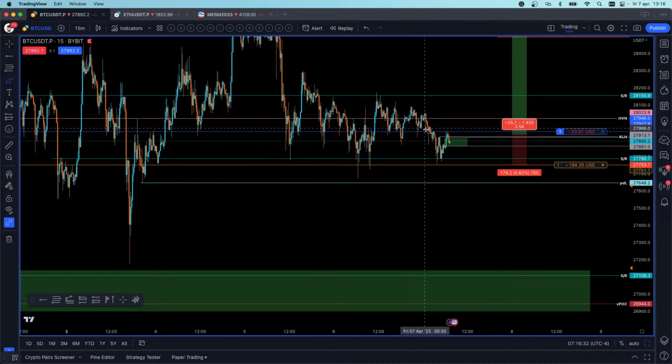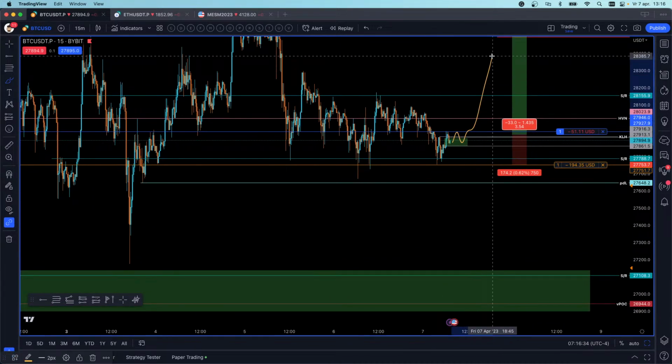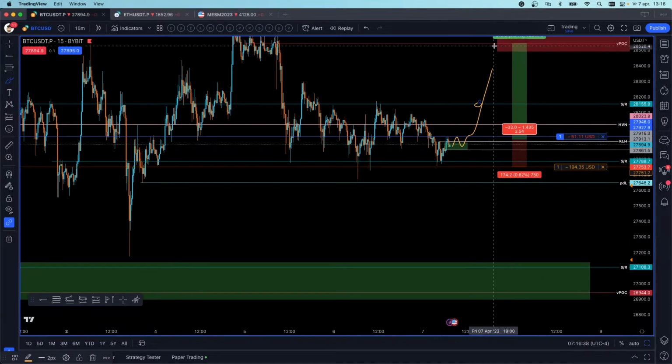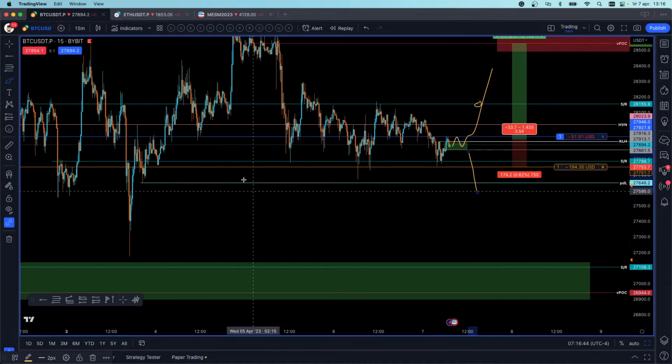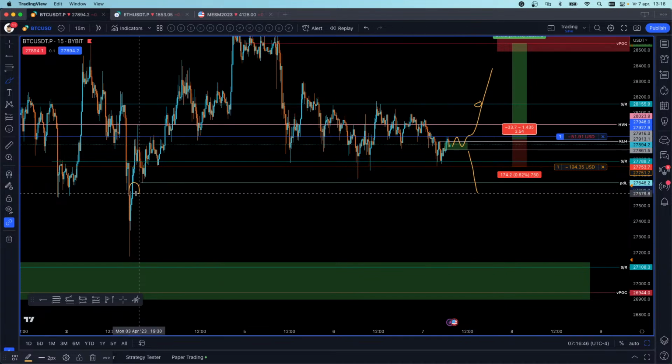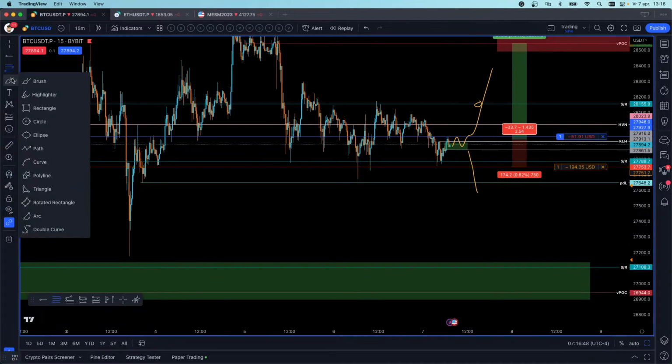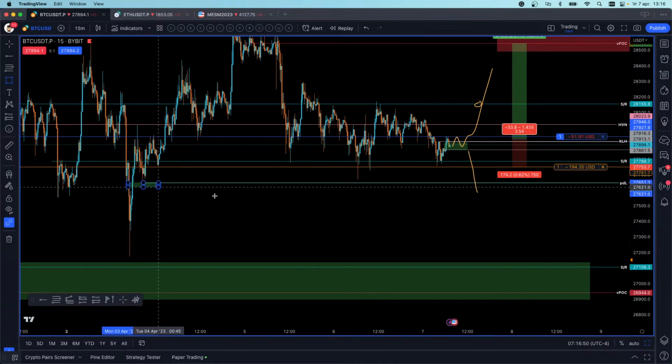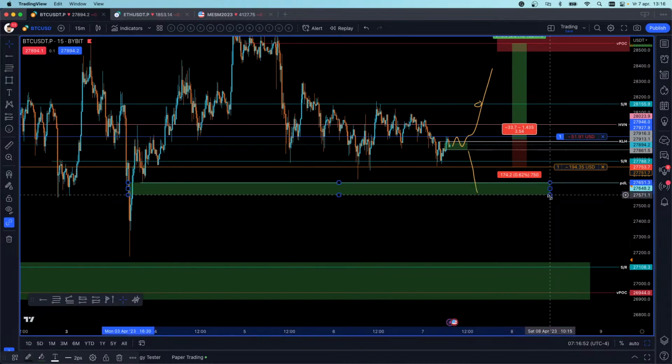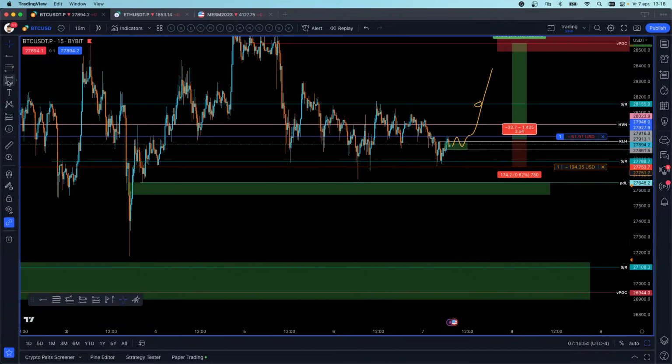So we either bounce in here. First target would be that one, and then volume point of control. Second move would be taking this previous day low into this fair value gap in here, which is also a probability. Taking previous day low is within a liquidity zone.